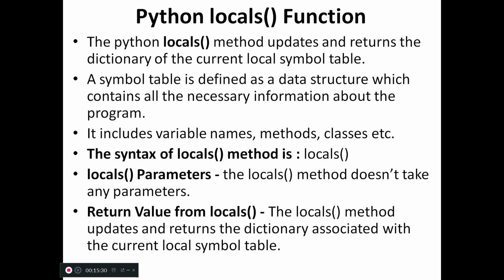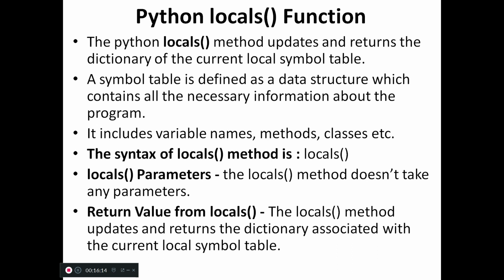It includes variable names, methods, classes, etc. There are mainly two kinds of symbol table: global symbol table and local symbol table. The global symbol table stores all the information related to the global scope of the program and is accessed in Python using the globals method. The global scope contains all functions and variables which are not associated to any class or function. Likewise, the local symbol table stores all information related to the local scope of the program and is accessed in Python using the locals method.